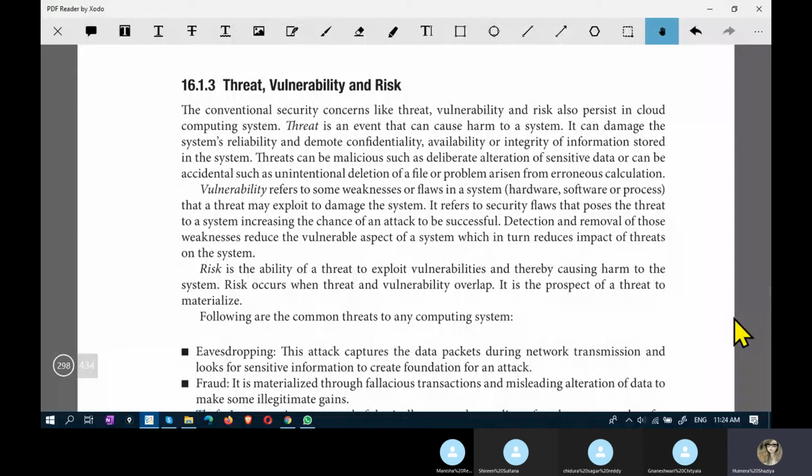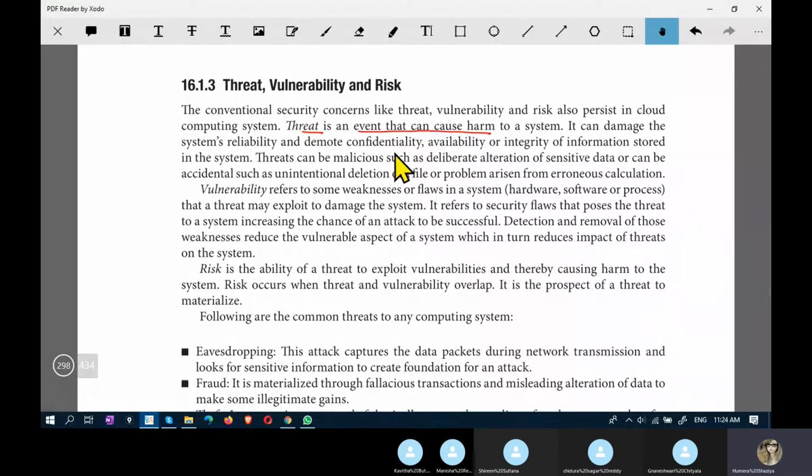Before delving deeper into all the security aspects related to cloud, let us understand some of the concepts related to security. What is a threat? A threat is an event that can cause harm to a system. All right. So, what threat is there for your own laptop?